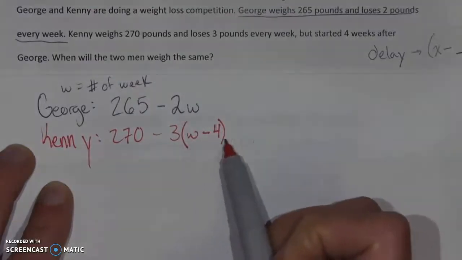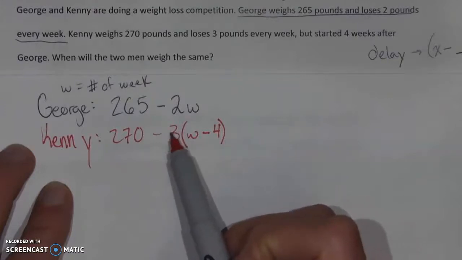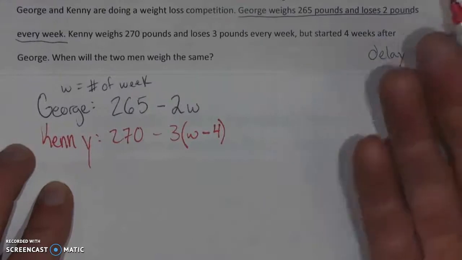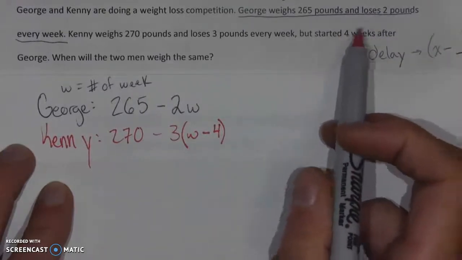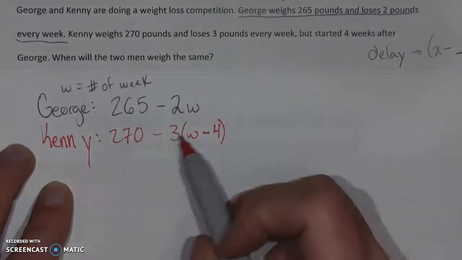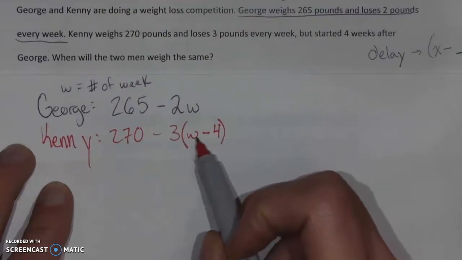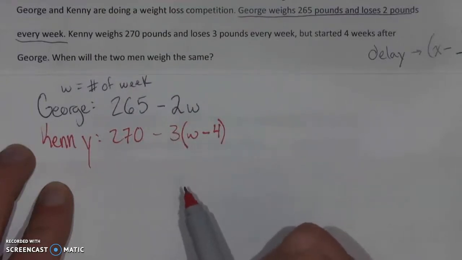And I really want to know what that is before I multiply it by 3, right? Because he's only losing 3 pounds for 8 out of 12 weeks, those 12 weeks minus the 4. So you have to make sure to have those parentheses there so you can find how many weeks he's actually been doing it prior to solving the problem.